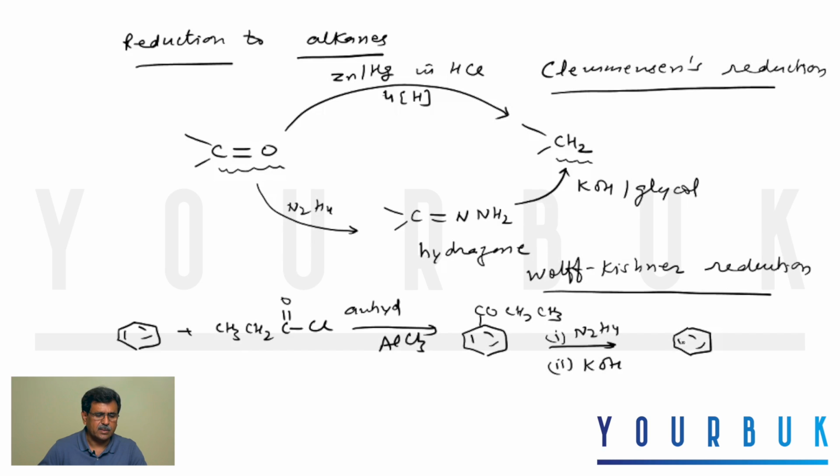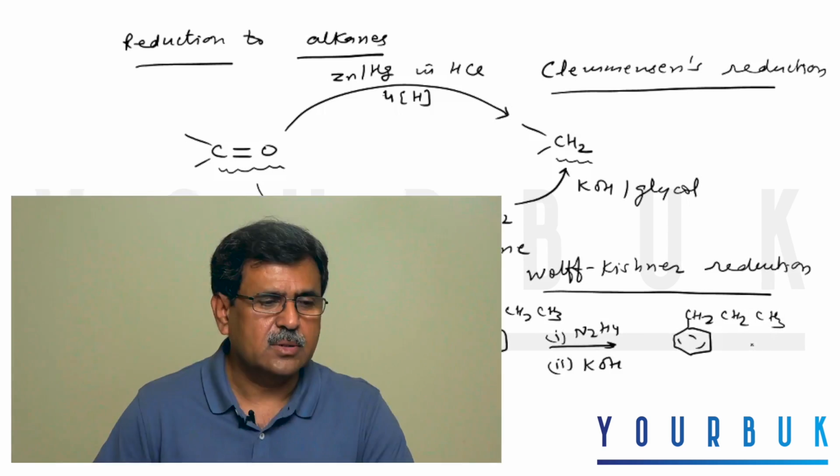It gives a propyl benzene. So we have used Wolff-Kishner reduction, but you can also use Clemmensen's. So this is all about the oxidation and reduction of aldehydes and ketones.